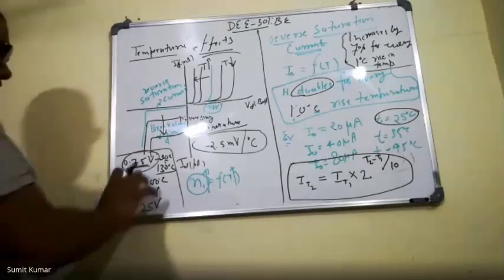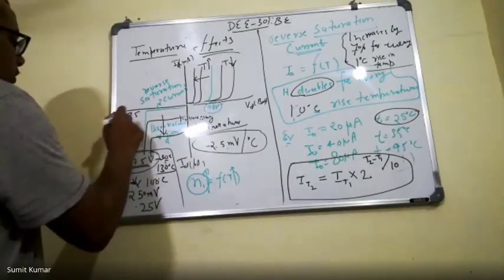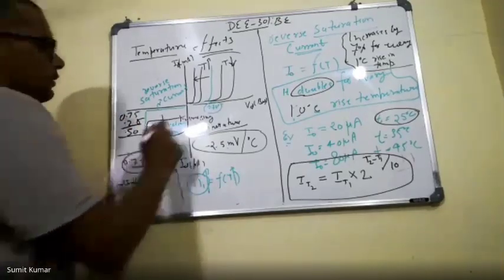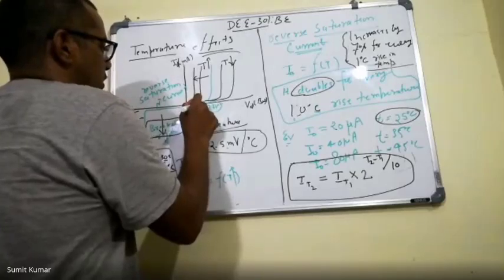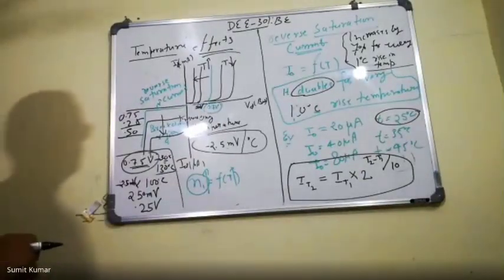So this forward drop will decrease by 0.25 volt. So the new drop will be 0.5, so the new forward voltage drop will be 0.50 volt.